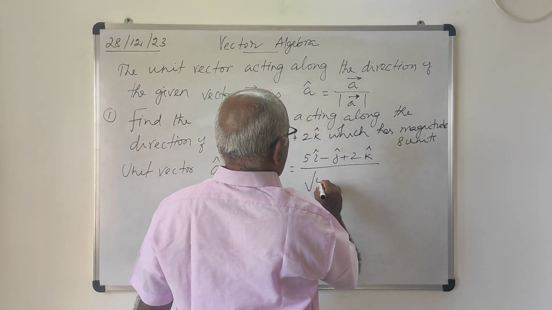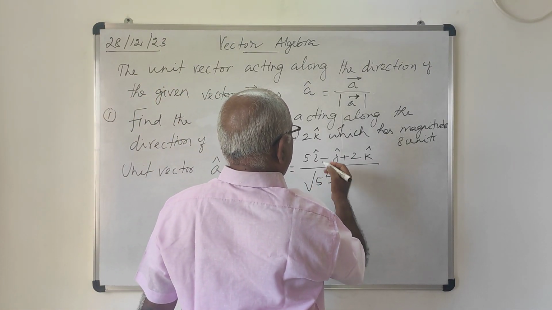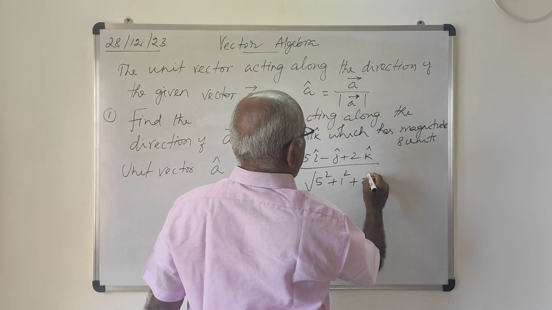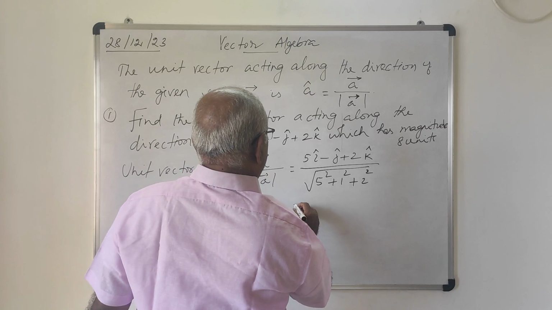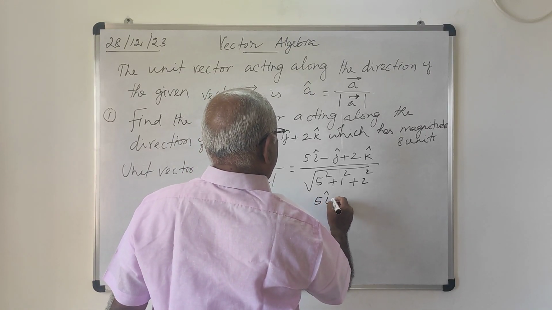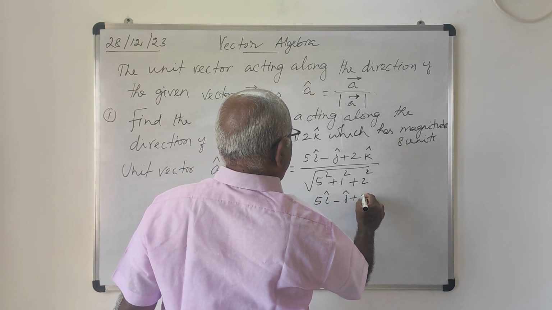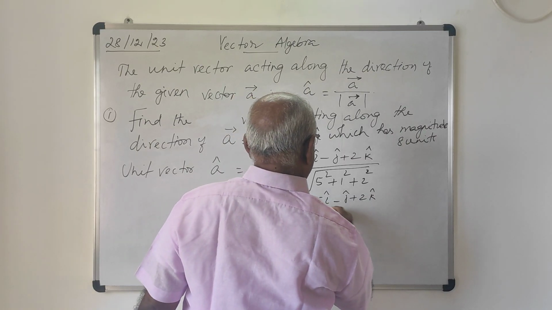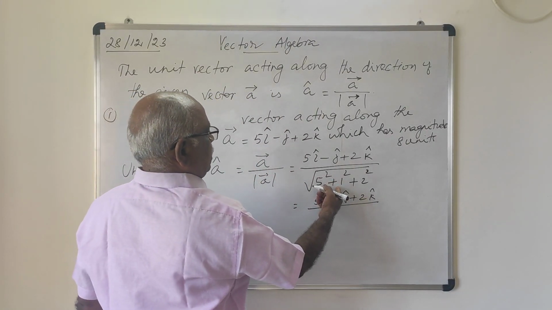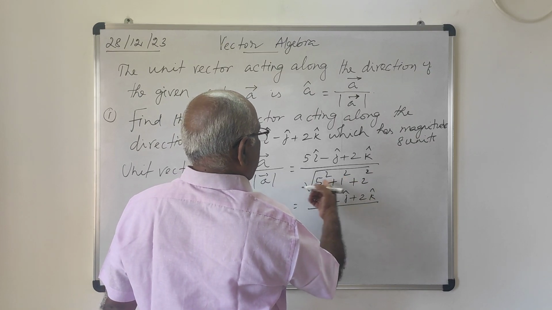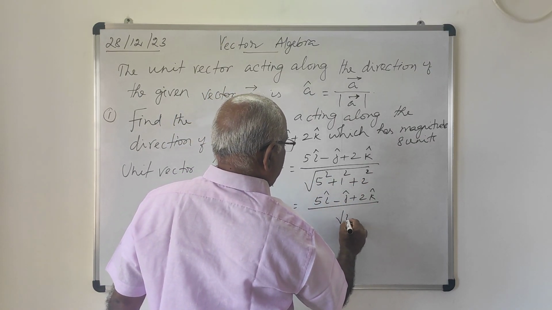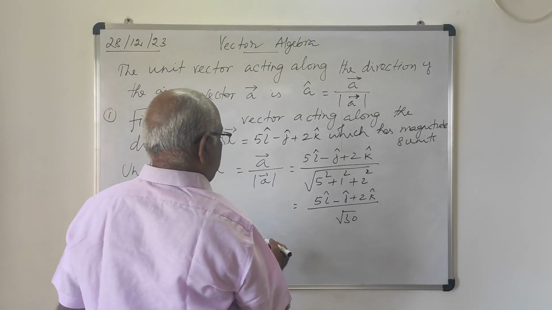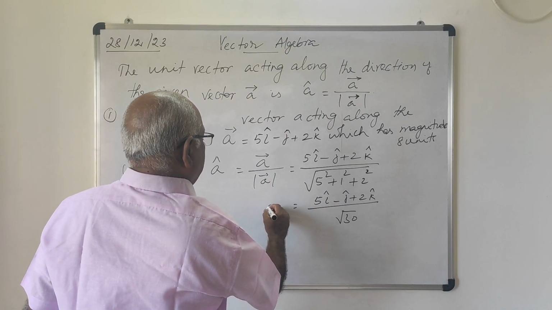So the modulus is root of 5 square plus minus 1 the whole square, that is 1 square, plus 2 square. So that is 5i minus j plus 2k vector by root of 25 plus 1, 26, plus 4, 30. So this is A cap.